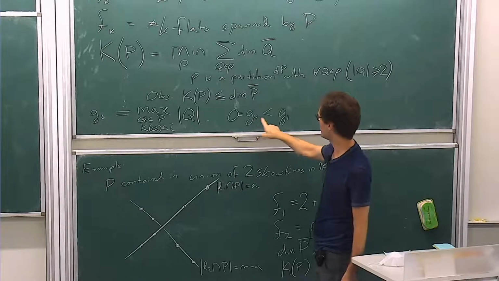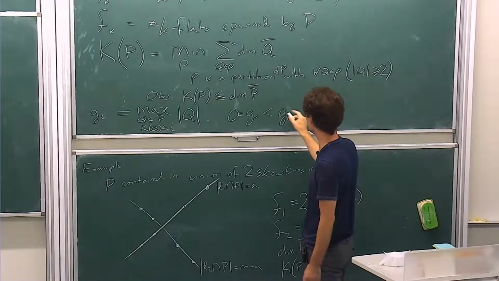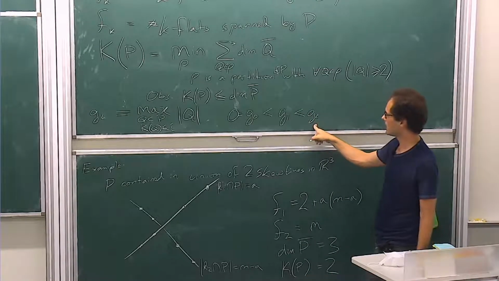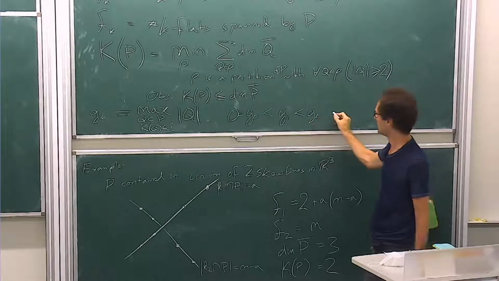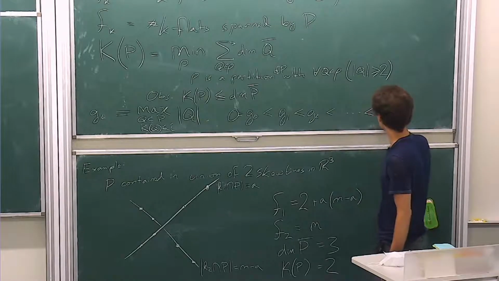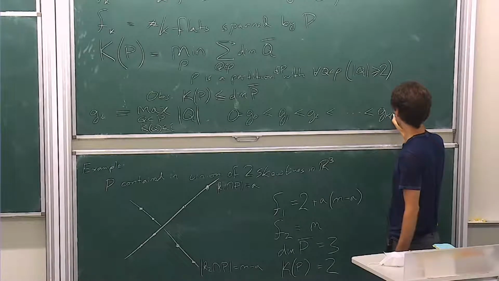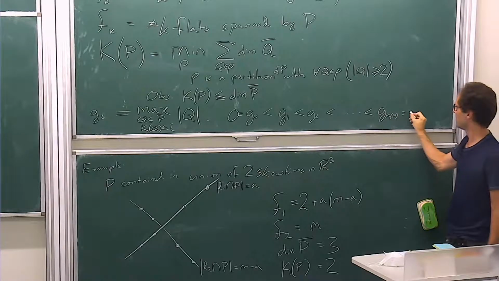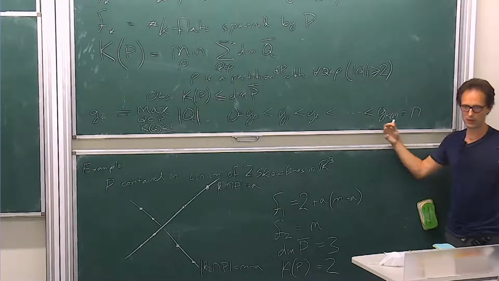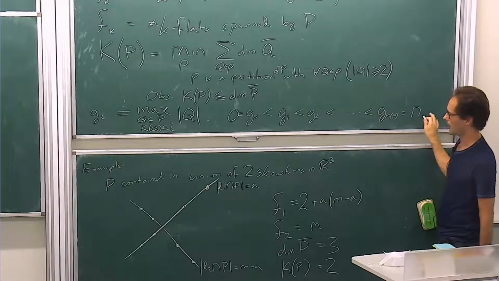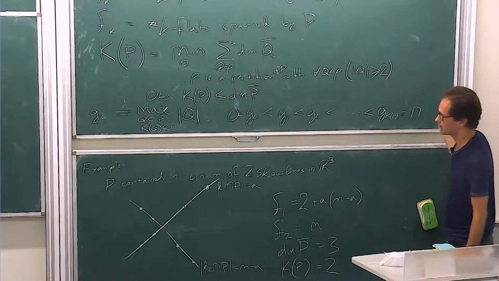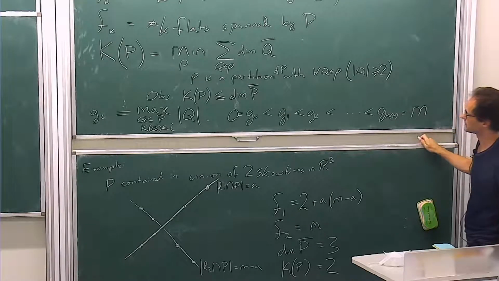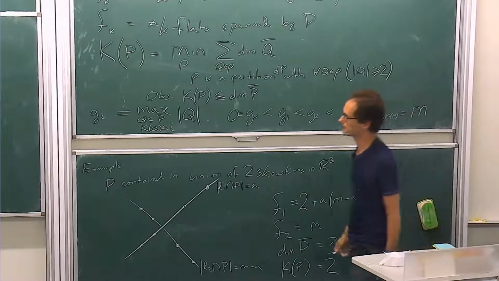So G0 is always 0, G1 is the maximum number of points contained in a line, G2 is the maximum number of points contained in either the union of two lines or a plane. And this is always going to increase monotonically until we get up to G sub k of P, where k is the essential dimension of P, where we now can take the entire point set. You can continue to increase the argument here, but once you have the whole point set, it's done. There's no way to increase it anymore.